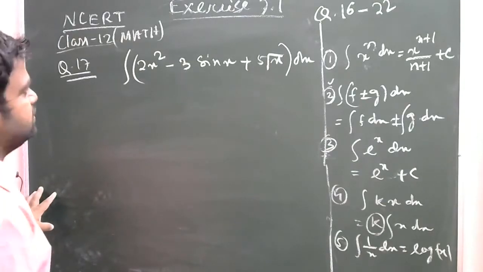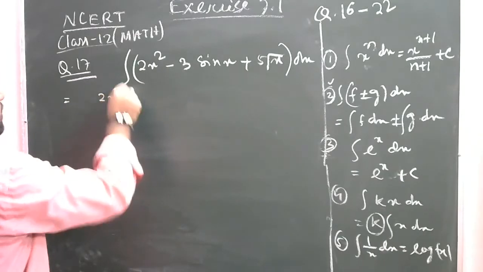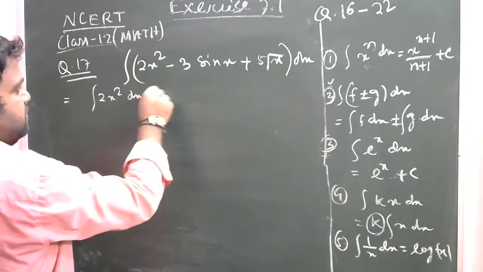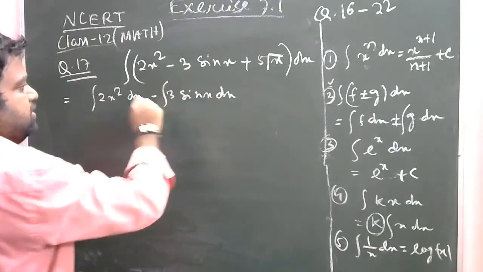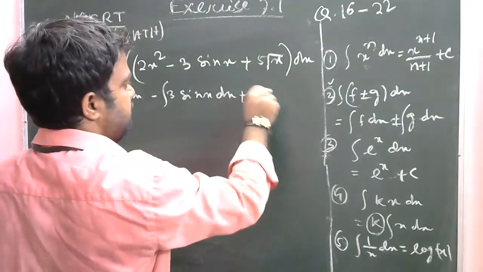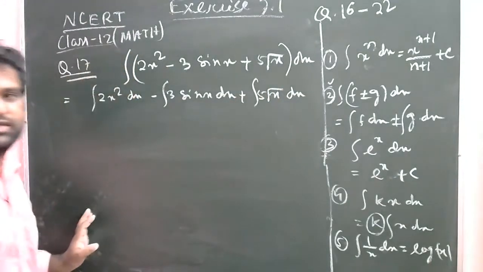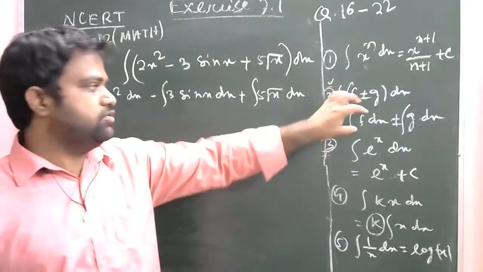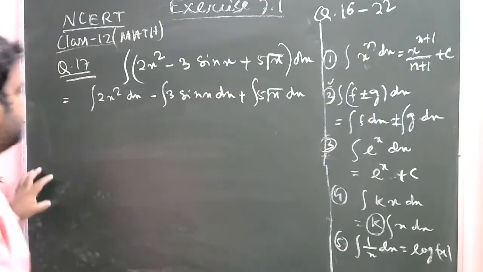Same, very easy. I'll write the individual terms: 2x square dx minus 3 sin x dx plus 5 root x dx. I'll use the second formula and find the integration of the individual terms.